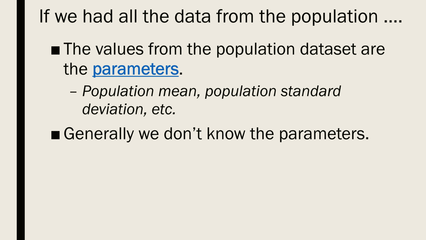If we had all the data from the population, then the values from the population dataset are the parameters. For example, population mean and the population standard deviation. However, generally, we don't know the parameters.